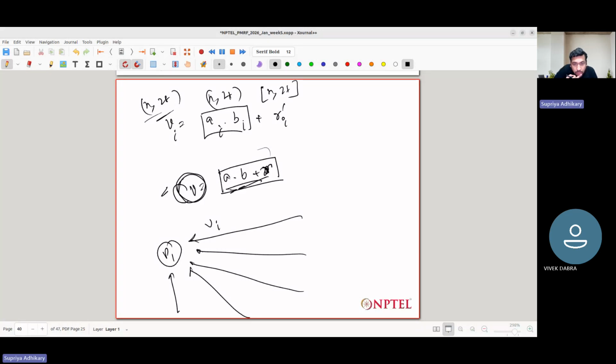And then all parties locally compute the t shares as this.